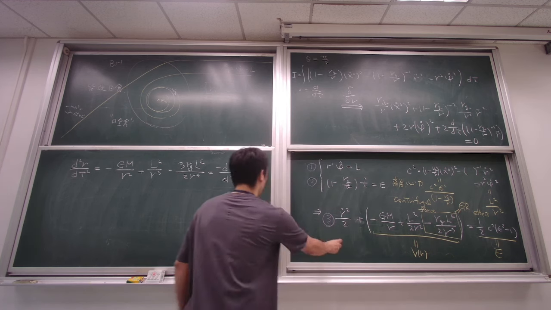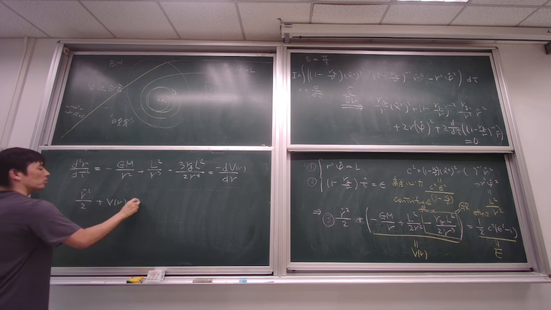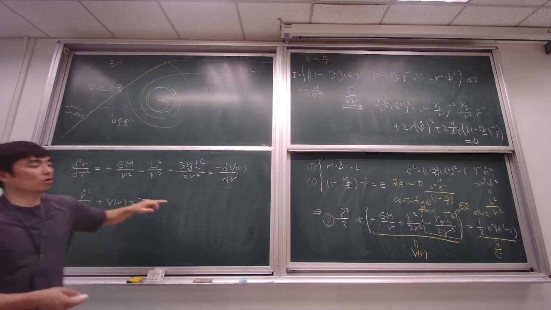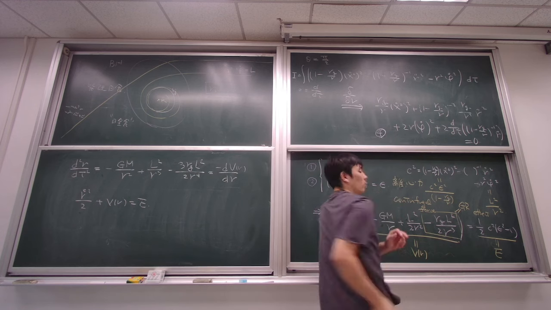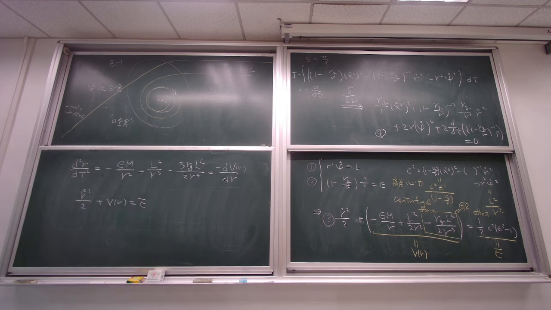So this equation essentially means that r dot square over 2 plus V of r is equal to E. Okay, and you can take the derivative with respect to tau of this equation. You can derive this one too. Okay, so therefore equations 1, 2, 3 and this 4 are not independent.